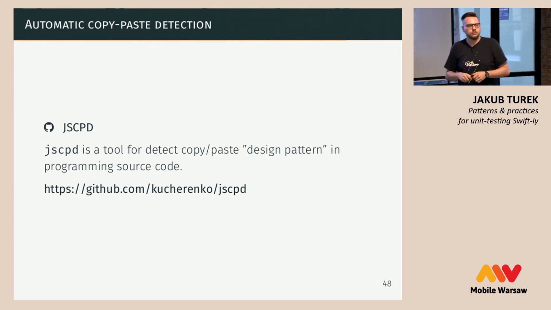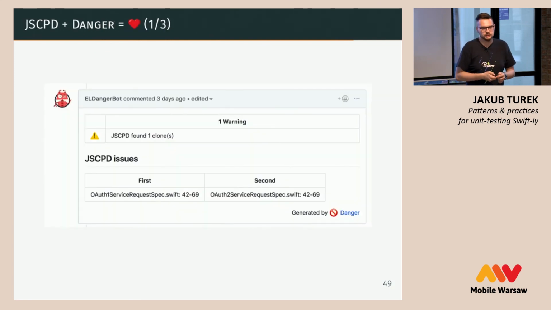So, coming back to this copy-paste detection problem. There is a tool. It's written in JavaScript, so you need npm to install that. And this tool is pretty scalable. And it supports a lot of languages. It supports Swift. It supports Kotlin, in fact. It supports Objective-C too, probably. I'm not sure, but I think it does. And using that tool, in conjunction with Danger, you can have that on every pull request.